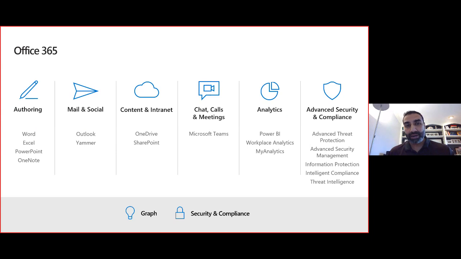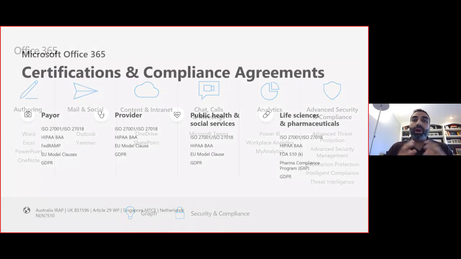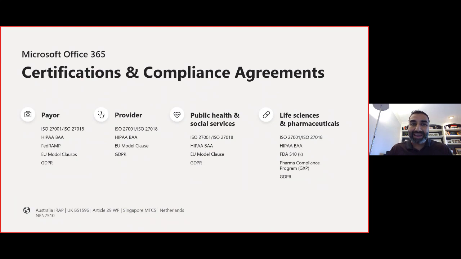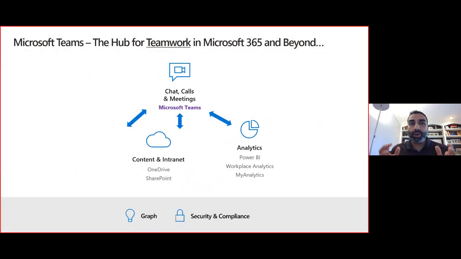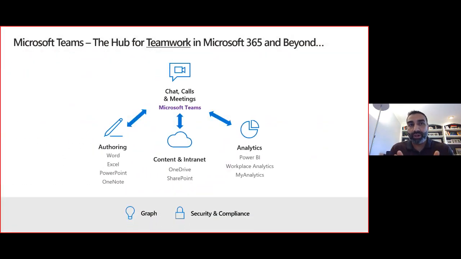So what we've actually tried to do to make this simpler and easier to digest, because one of the real thoughts behind what we're doing is that if we can bring a lot of these capabilities into one unified platform, that if we started with a platform that had all the certification and met a lot of the compliance needs that you needed to across health and life sciences, and we made that pervasive through the platform, then it really allows us to bring a single pane of glass, one digital hub called Teams, that allows you to engage with all of the other aspects of Microsoft Office.